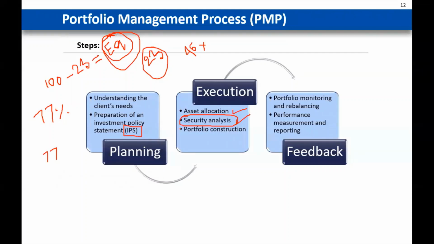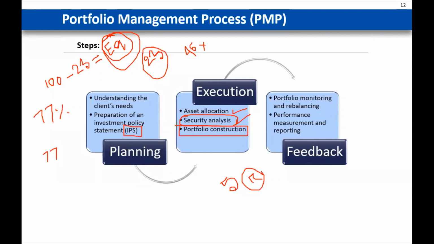Then you need to construct a portfolio. How do you construct a portfolio? Let's assume that you have picked 5 securities. When you analyze the security, from a portfolio perspective, other than return and risk, you also need to consider what?